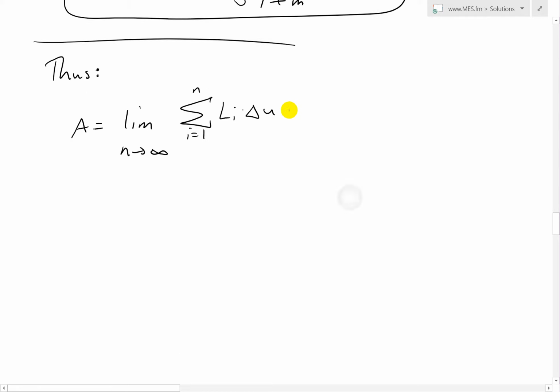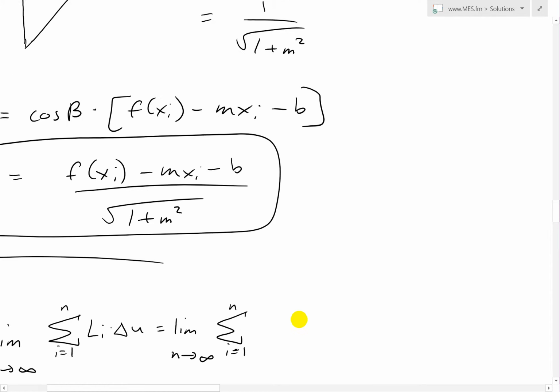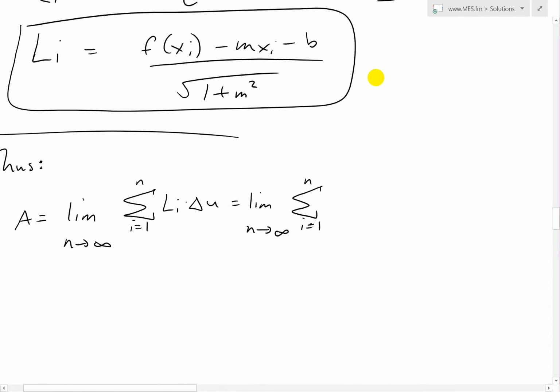Now we have Li, which is f of xi minus m xi minus b over the square root of 1 plus m squared.